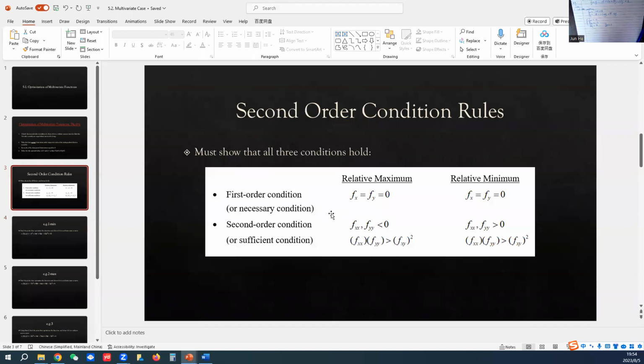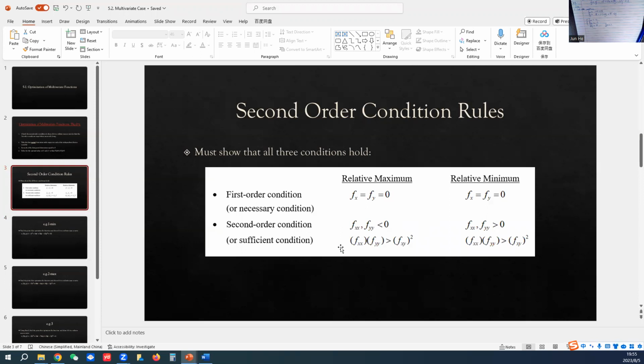If you could recall, if the second order derivative of the f function is smaller than 0 for the univariate case, that is a concave case. In a concave case, it's like a cave, there is a maximum, right? And f_xx, f_yy greater than 0 is a convex case.